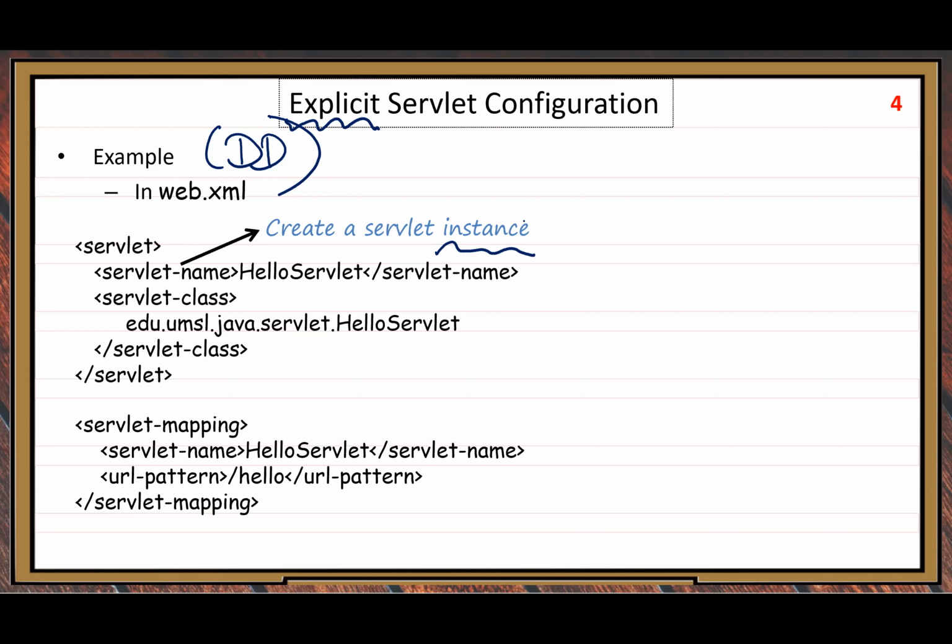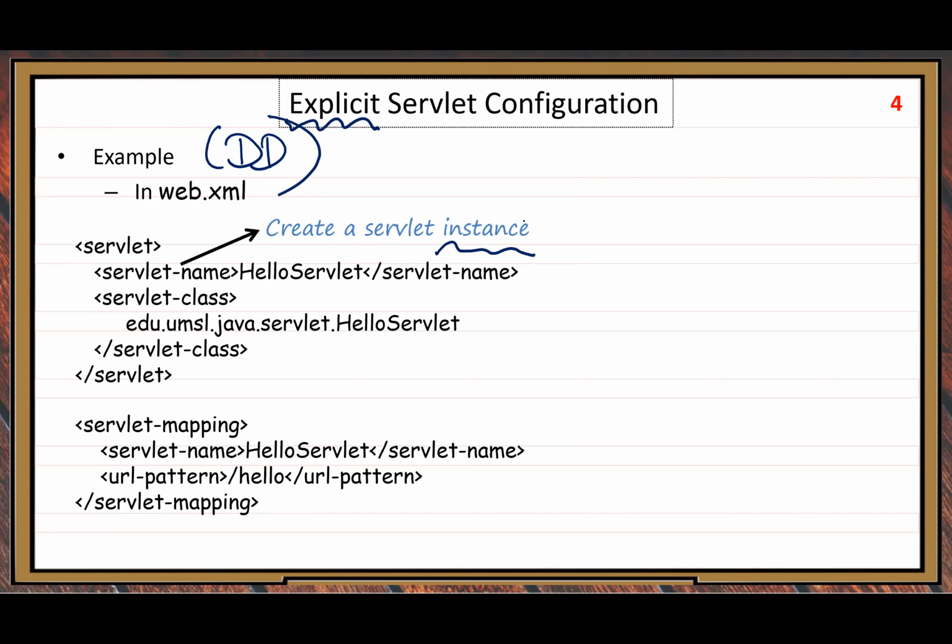All right. The second half is called the servlet-mapping element, another XML element. This one is for the servlet URL mapping configuration. In this one, first we need to bring up that servlet name. Why?